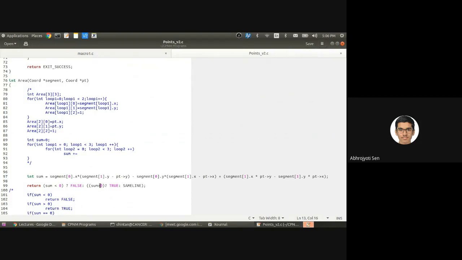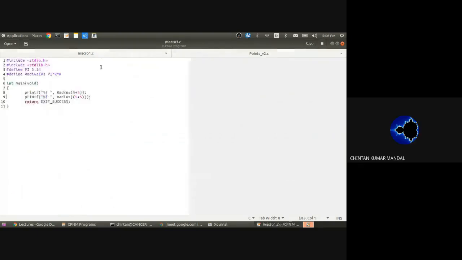Yes, sir. Okay, then tell me what will happen. So this I have got defined as this thing, right? So can you tell me what will happen when I am going to do this thing? So I have defined a macro. See, I have defined two macros.